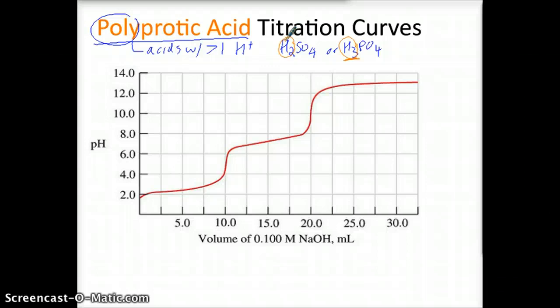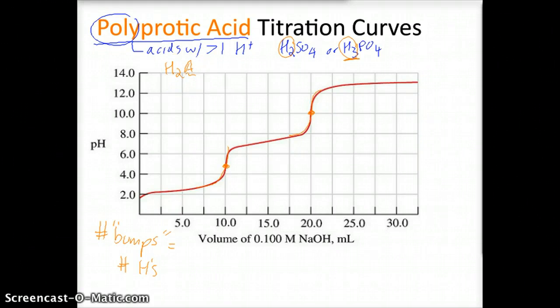Well, the number of bumps is equal to the number of hydrogens in the compound. So here, how many bumps do I have? I have one bump here going up, then I have a second bump right here. So since I have two bumps, this acid would have two hydrogens. It'd be H2 something, whatever that is.